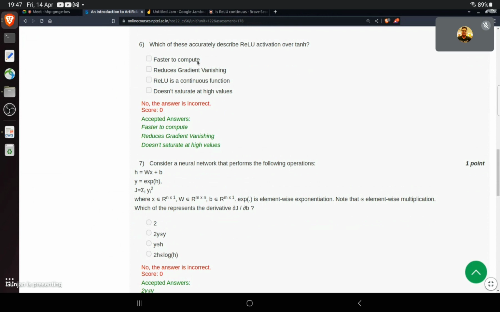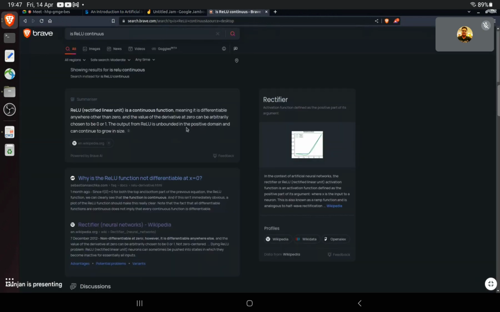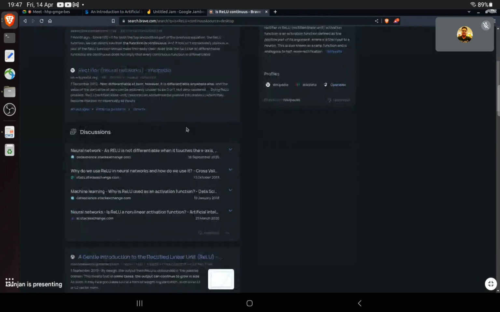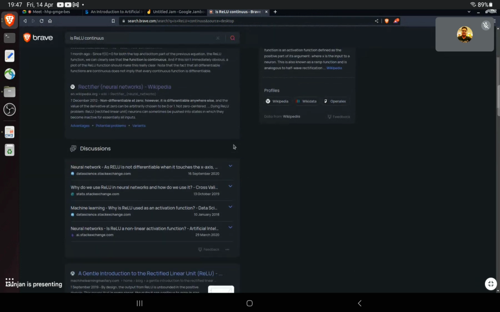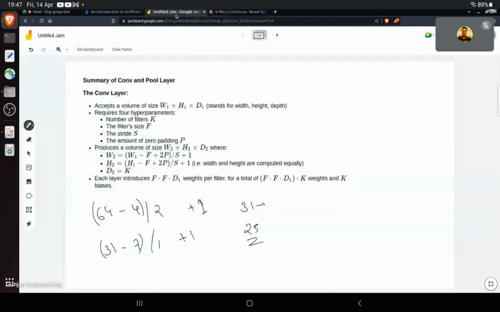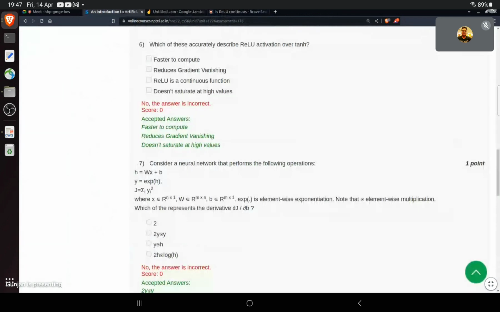I mean, if a certain function is continuous, even if the derivative is not defined, you can still assume things. If it is discontinuous, it doesn't even make sense to define it. No, but my point is even one step back: why are they even putting this option here?